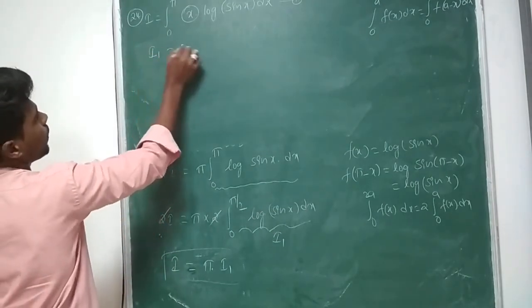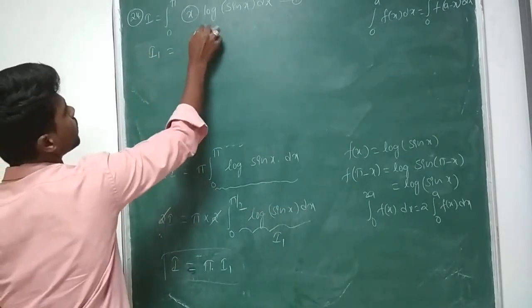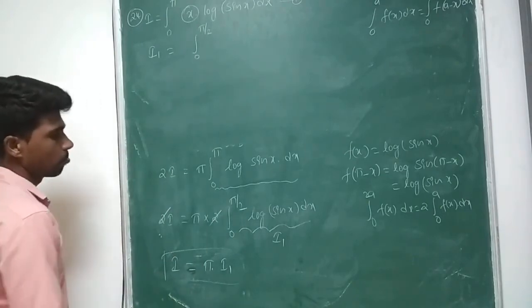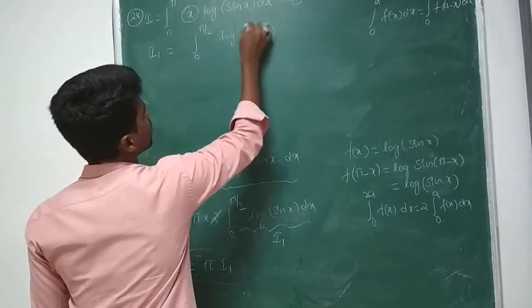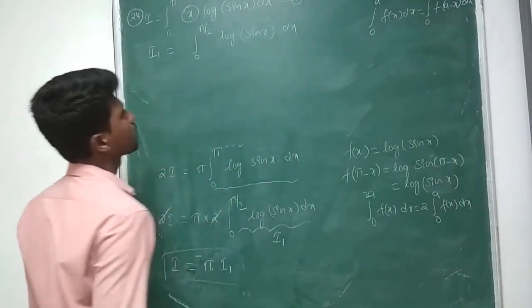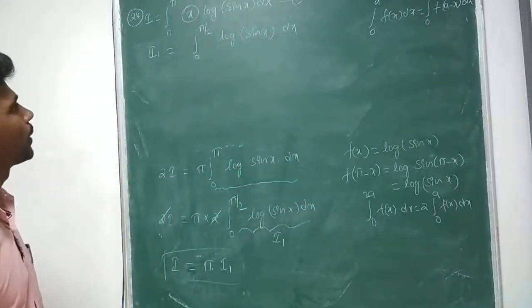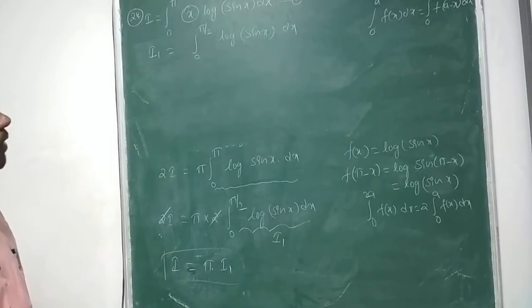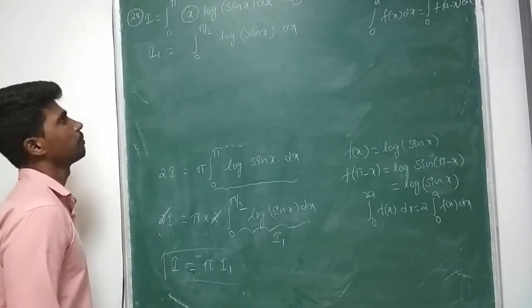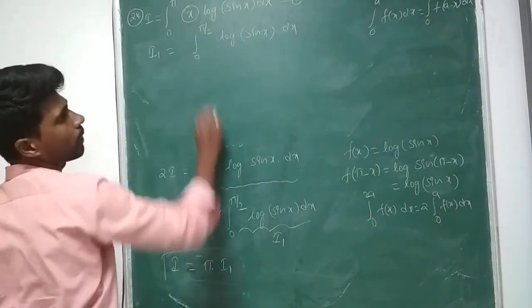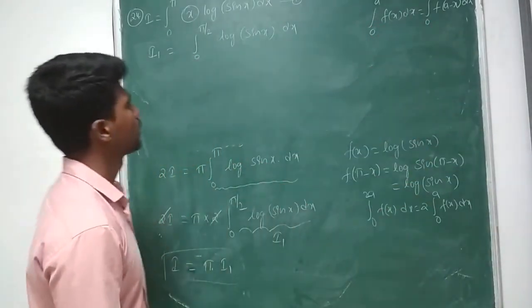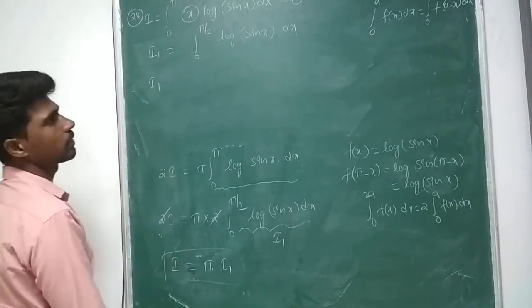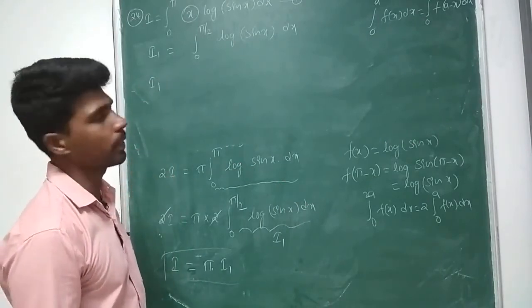So what is I1? I1 is equal to integral 0 to pi by 2 log sin x dx. So it is like 0 to a. Now integral 0 to a f of x dx can be written as integral 0 to a f of a minus x dx.